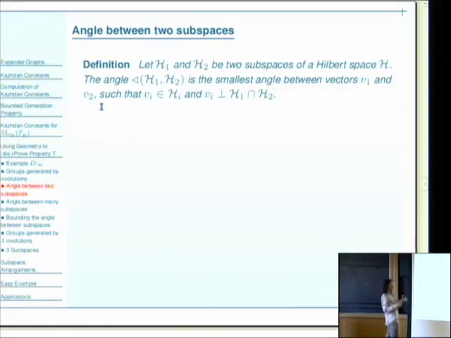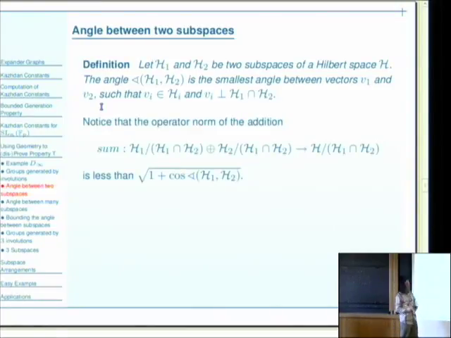If you want a motivating example, this is the angle between two planes in three-dimensional space. You take these two subspaces, you take the intersection, and you look at the vectors which are in each of the subspaces but are perpendicular to the intersection. I don't want to get close to the intersection because things get ugly there. And I look for the smallest possible angle between them.